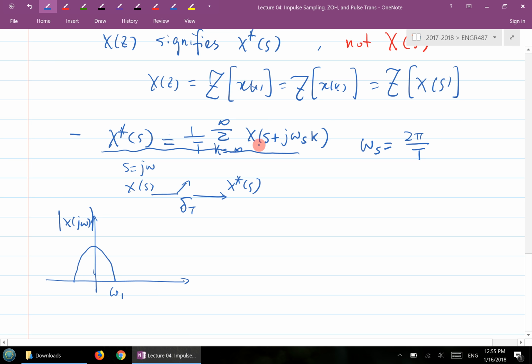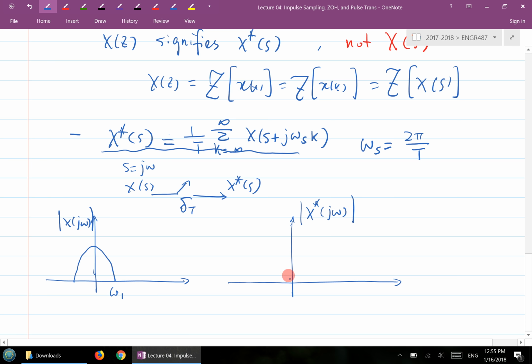It's the addition of x of s, and then x at s plus j omega_s, at 2j omega_s, at 3j omega_s, right? And if you let k equal to 0, this is basically 1 over T x of s. So I could do the same thing for the Bode plot, replacing the s with j omega.